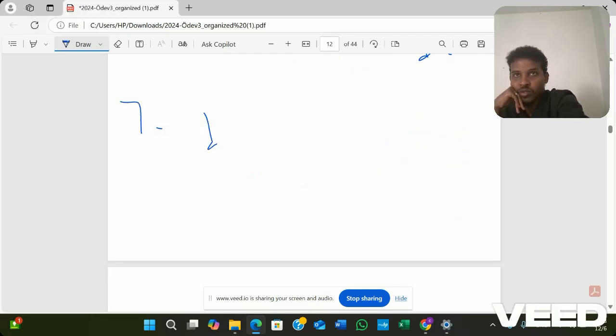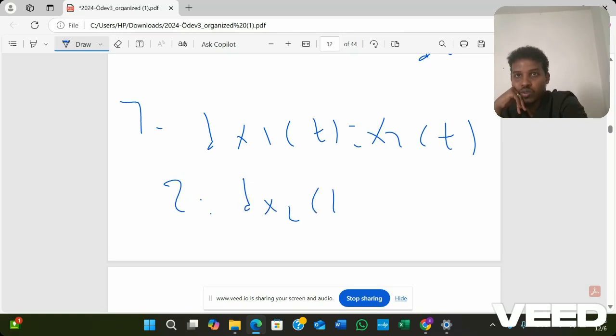Number 1: dx1(t) over dt is equal to x2(t). Number 2: dx2(t) over dt is equal to x3(t).